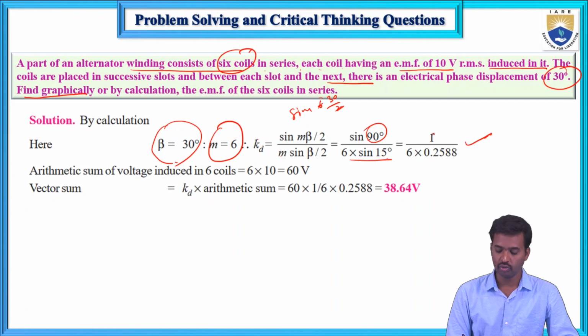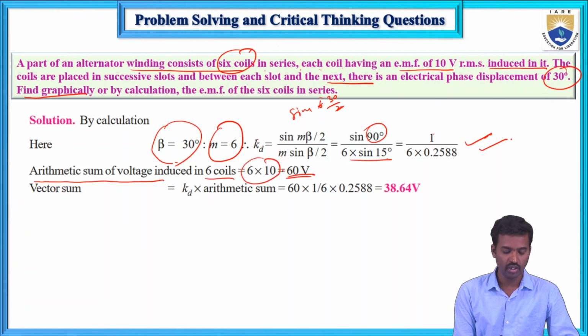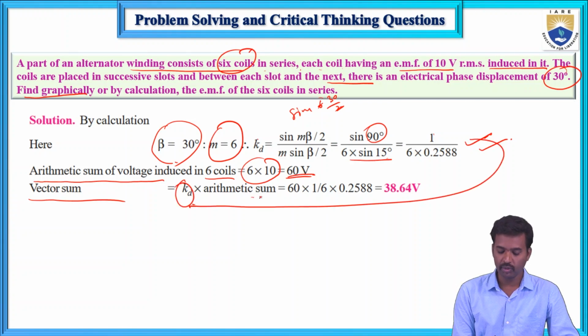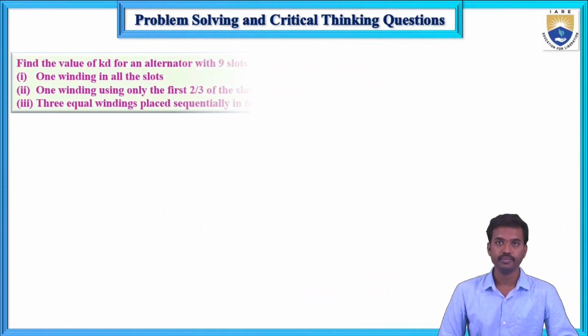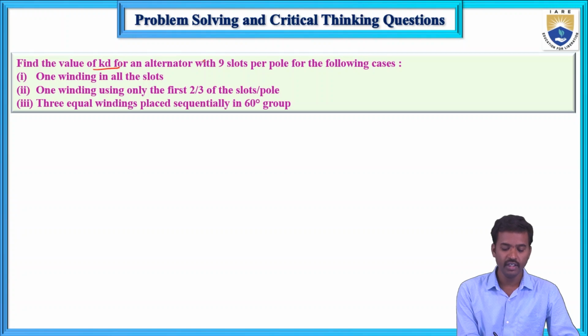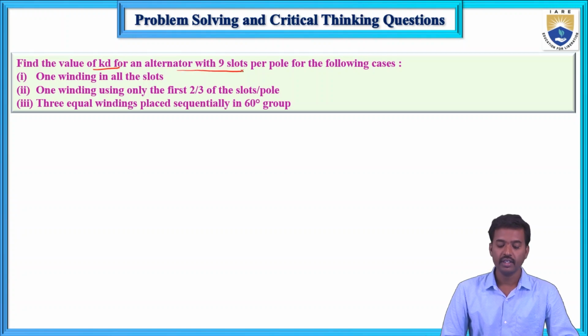This value equals 1 by 6 into 0.2588. The arithmetic sum of the voltage induced in the 6 coils equals 6 into 10, which is 60. The vector summation equals KD into the arithmetic sum, 60 into 1 by 6 into 0.2588, that equals 38.64.